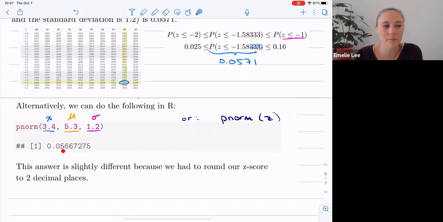This one's going to be a little bit more precise, right? Notice how 0.05667275 is slightly different from 0.0571. Why is that? Because we had to round our z-score, right? Whereas R doesn't have to do any rounding. It can just go for the exact value. So this answer is slightly different because we had to round our z-score to 2 decimal places.